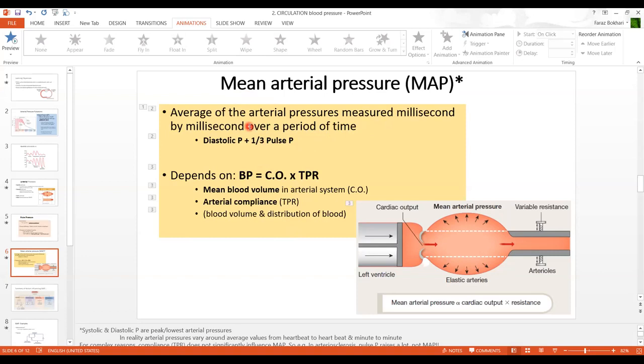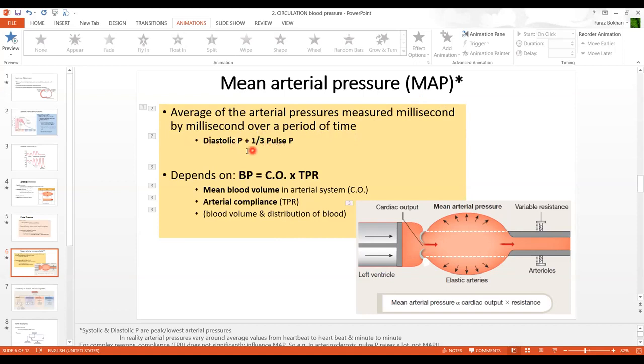It's roughly an average blood pressure over a period of time. Yes, that's the way. It's an averaged blood pressure reading over a span of a unit of time. And this is how mean arterial pressure is basically defined.